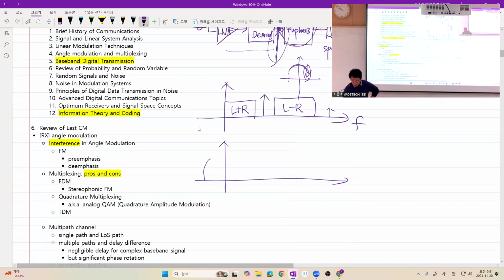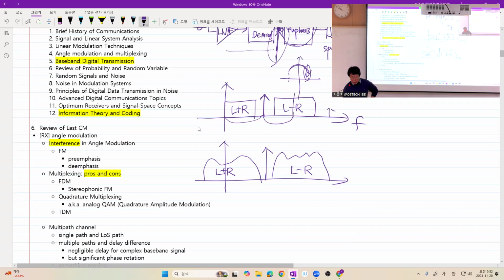So you have some real baseband signal, and that is the Fourier transform of the left signal plus the right signal. And then using the local oscillator and the frequency multiplier for this tone, you have some carrier shift here. So you have here the left minus right signal. Got it? Of course, here is a tone.